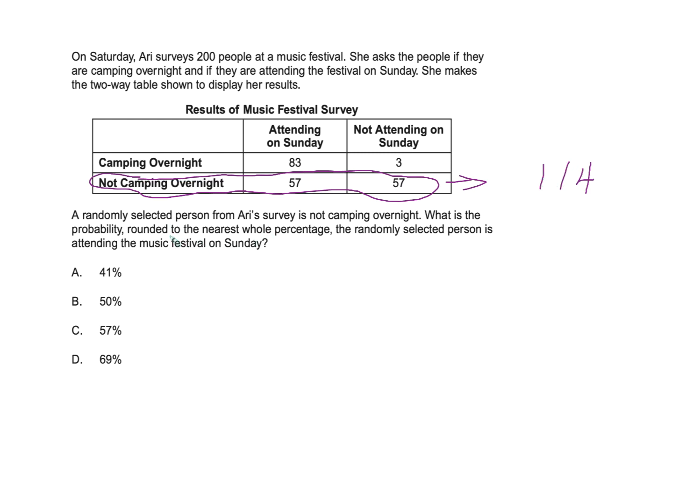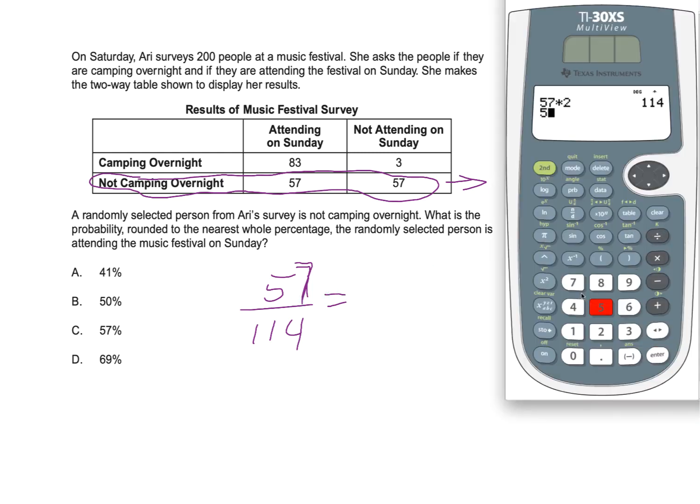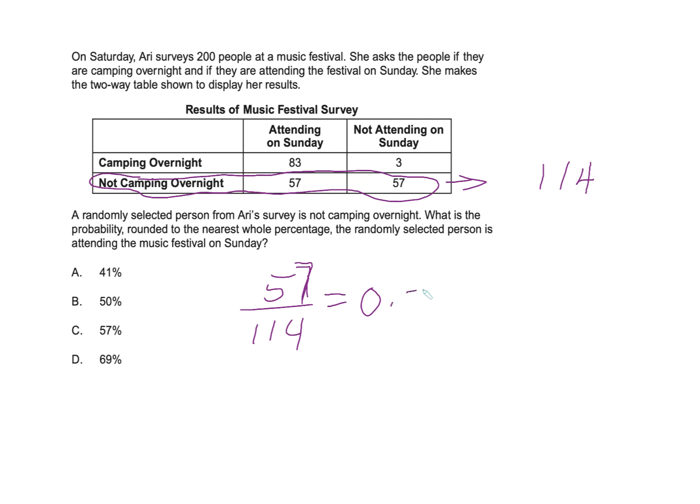So that would be 57 over 114. If you take 57 and divide it by 114, you get 0.5. And 0.5 is 50% because it's a half.